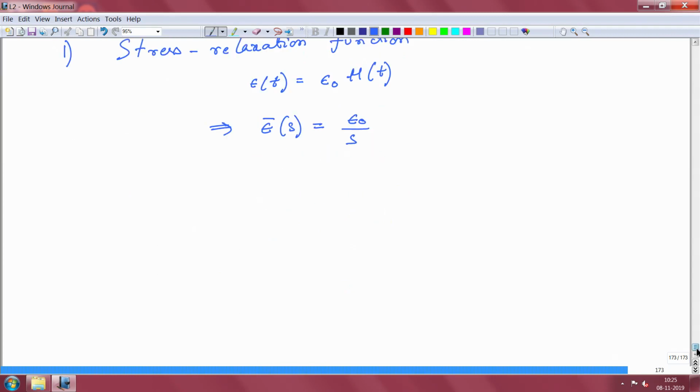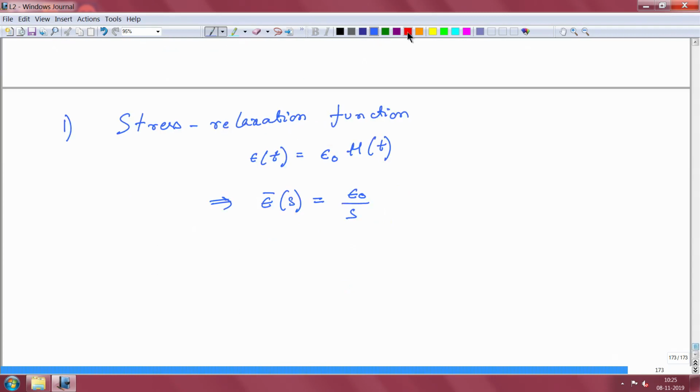So, once you apply this to the previous expression, this implies that the Laplace of the stress function looks something like this.